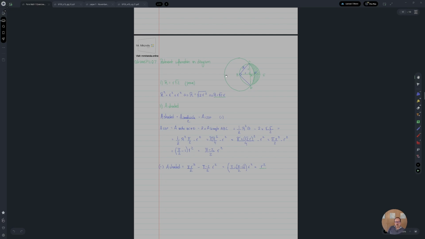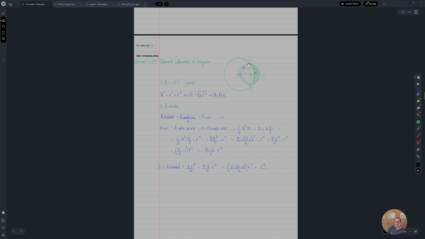So what did I do? I know that the area of CDF is going to be equal to the area of the sector BCFD. Where is it? It is this one over here, BCFD. This is a sector, right? Minus 2 times the area of the triangle ABC. Where is A?